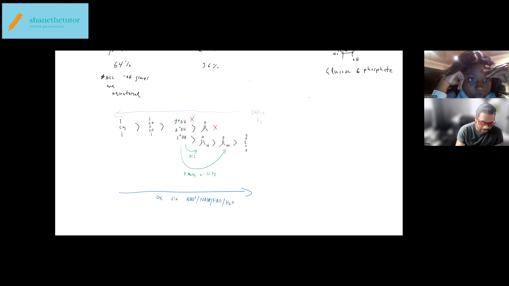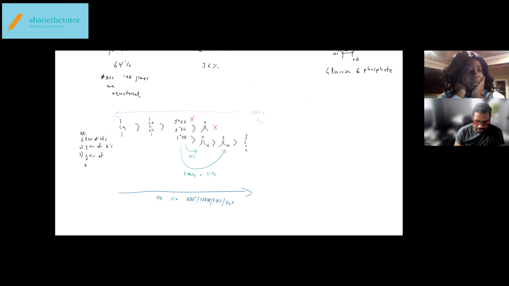Typically for oxidation, you'll see one of three: loss of hydrogens, gain of oxygens, or gain of bonds to oxygens.